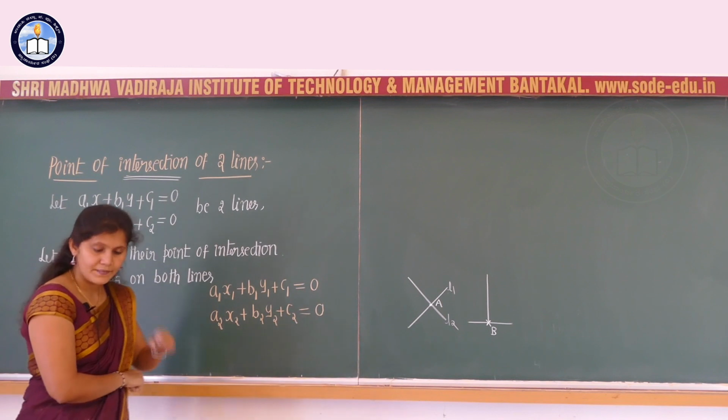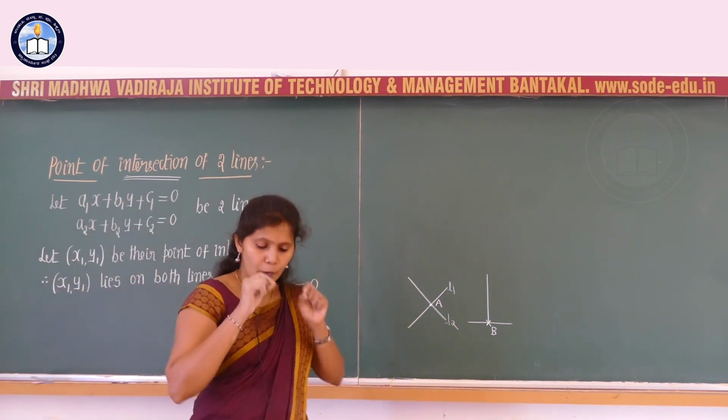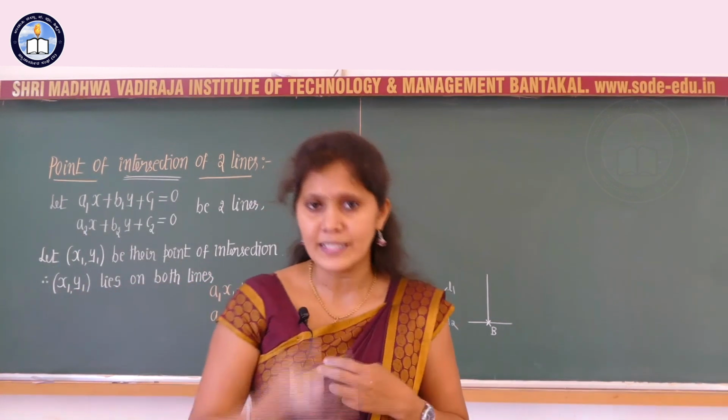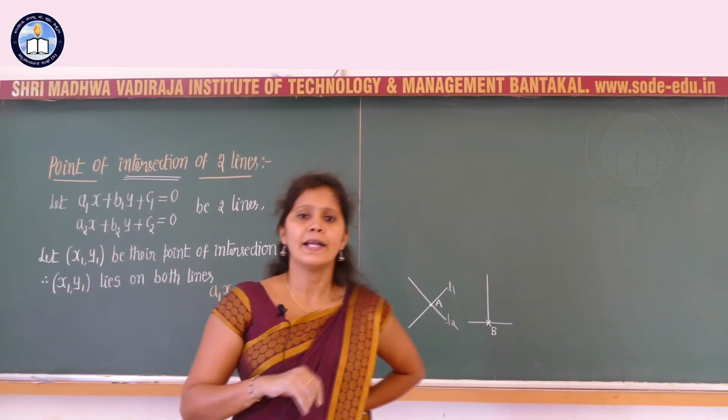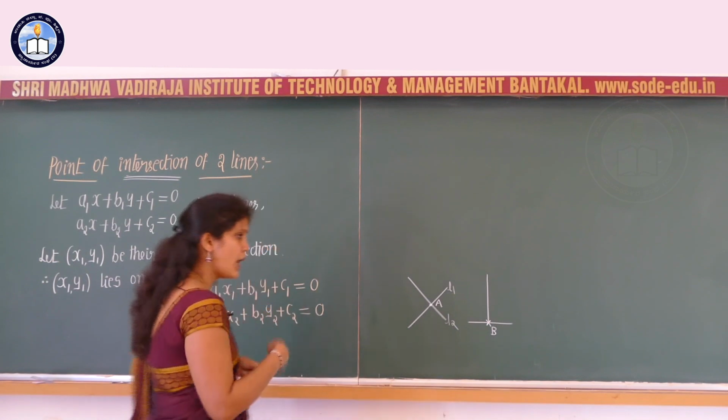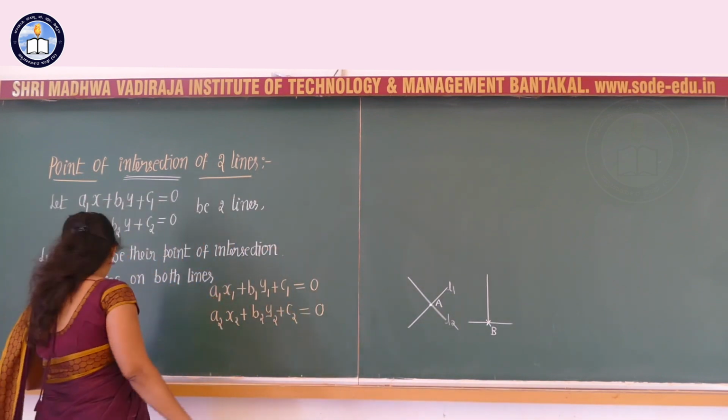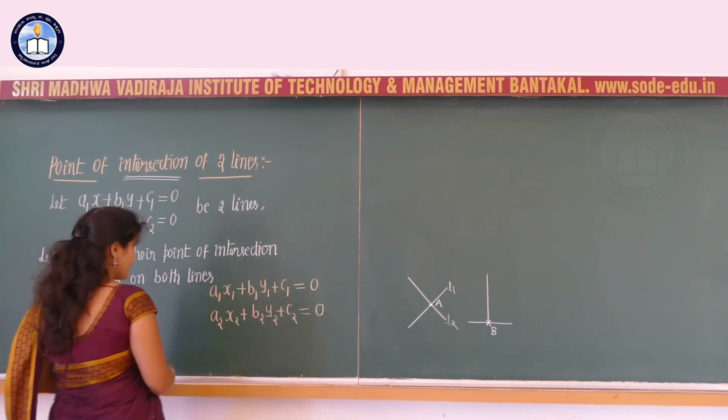Clear? Initially we have considered two lines. After considering the point of intersection as x1, y1, we are replacing the values of x by x1 and y by y1. So now how to get the values of x1 and y1?